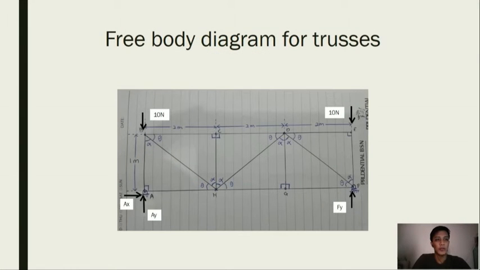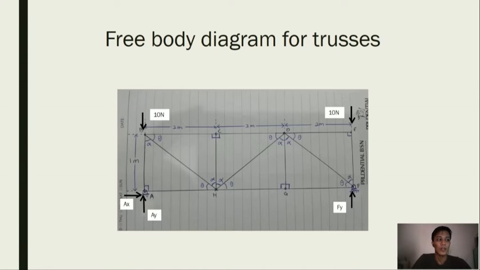So next, I will show you the free body diagram for trusses. In this diagram, we include the reaction forces and the external loads for the structure. On the top of the structure, there are two external loads at joint B and joint E, which are 10 Newton each.